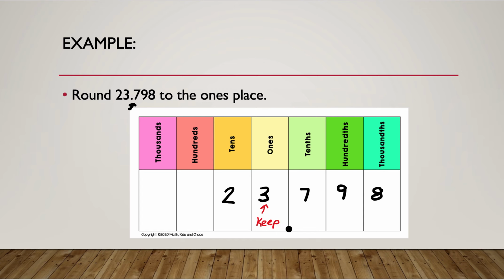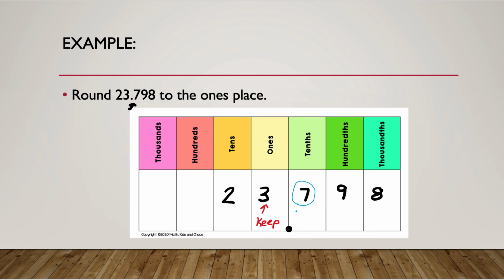All right, so what I'm going to do is look to the right of that digit, which is the 7. And remember that our rule says that if that number that I circled in blue is less than 5, we're going to keep our keep digit as it is.